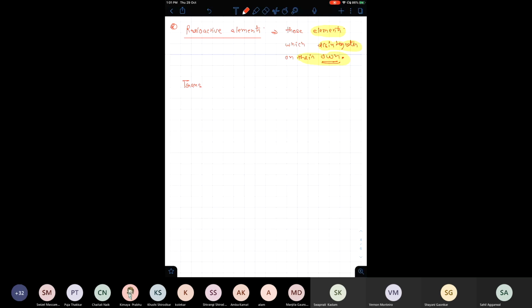What are transuranium elements? Elements present after 92, that is uranium, are transuranium elements. All actinides are radioactive.